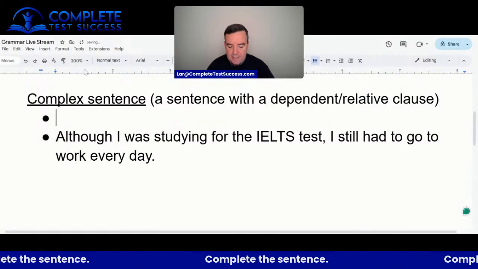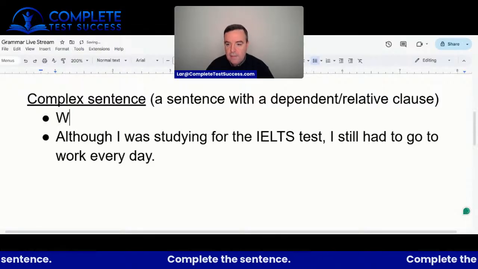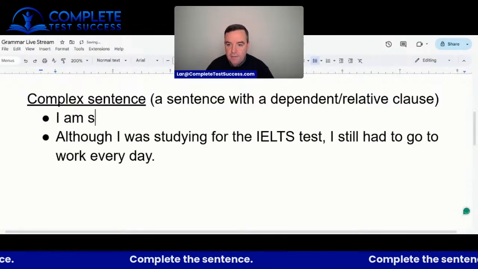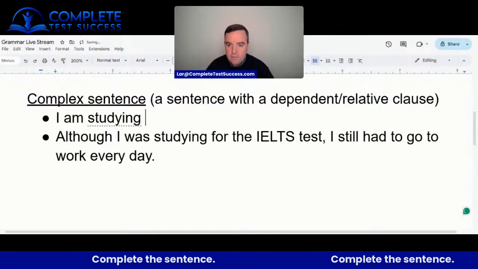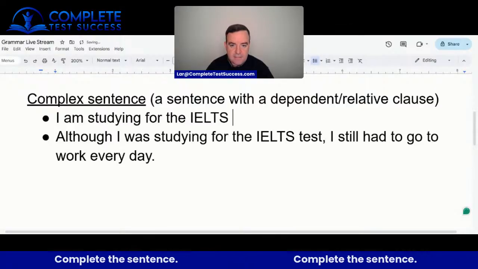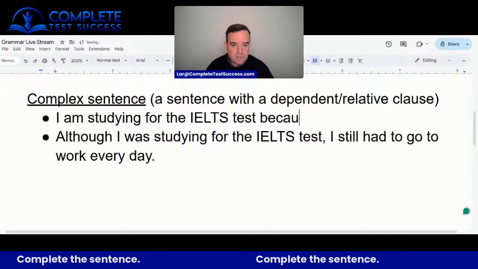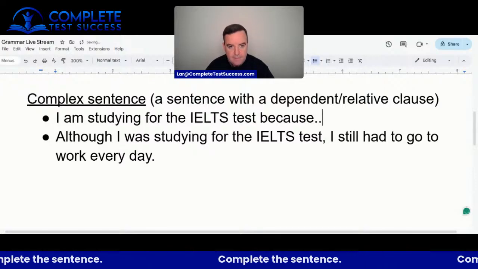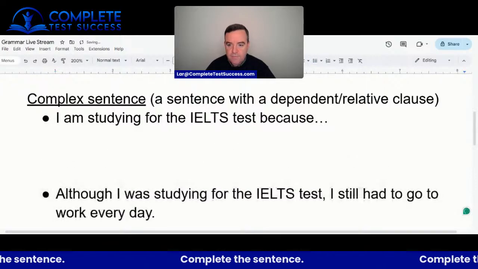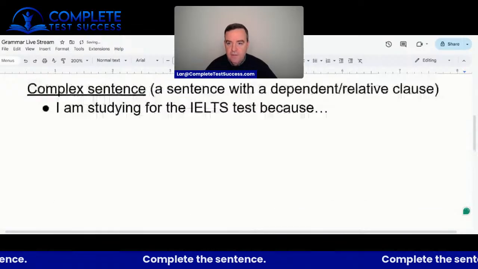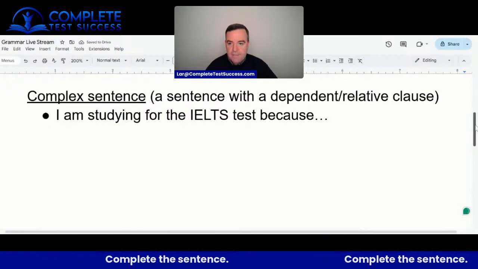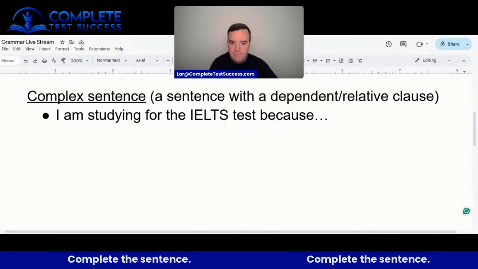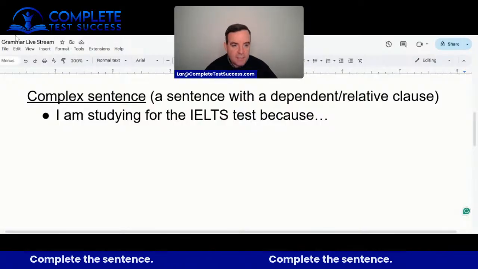Okay, let's say this. I am studying for the IELTS test because. All right, there's the next one. So I'll get you to share that, finish that sentence. I'm studying for the IELTS test because. Finish that sentence, share it with me in the comments.